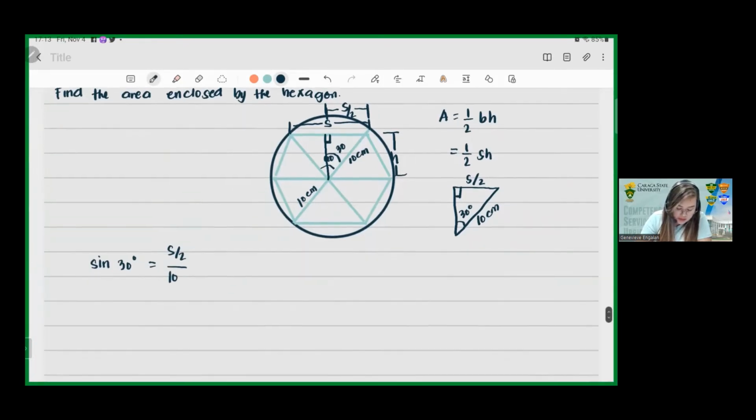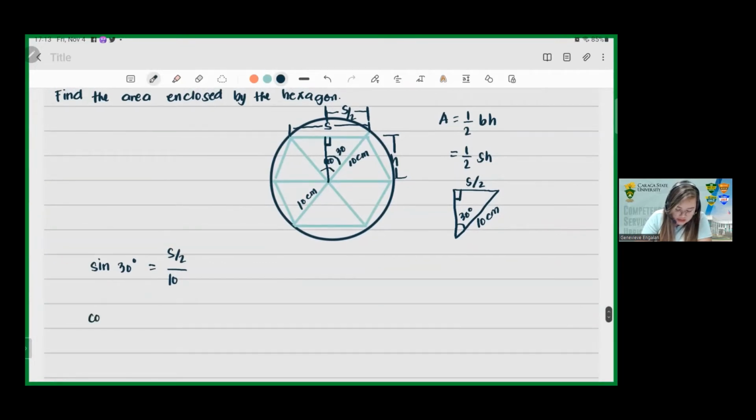Next, the cosine of 30 is equal to the height over the hypotenuse. If we manipulate this, you have 10 times sine 30 is equal to S over 2.